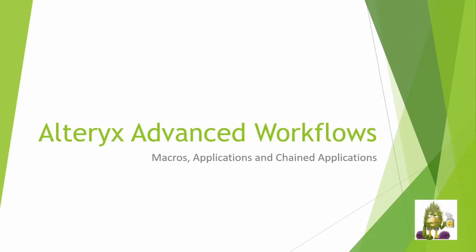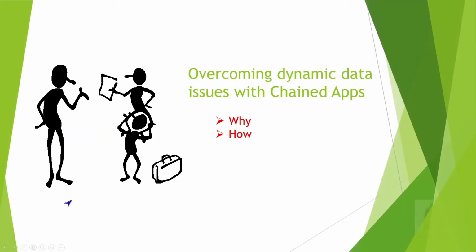The question you always ask is, why would I need to chain applications together? Well, if you watched my previous video where we talked about applications, towards the end there I showed you how applications have some abnormal behavior when it comes to providing data into one of your interface widgets.